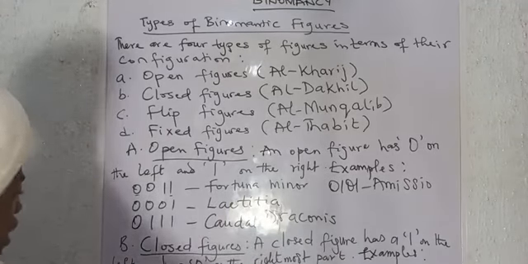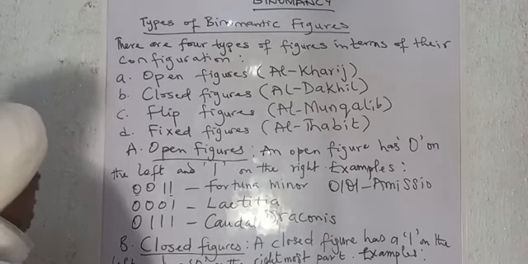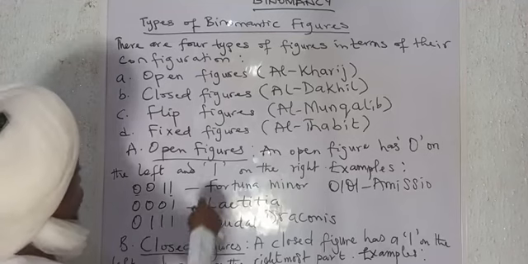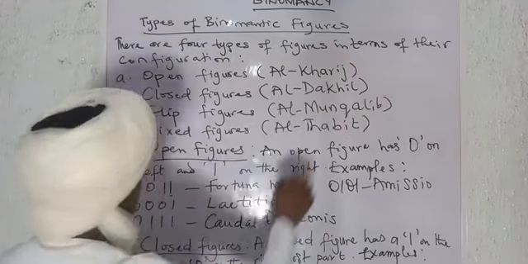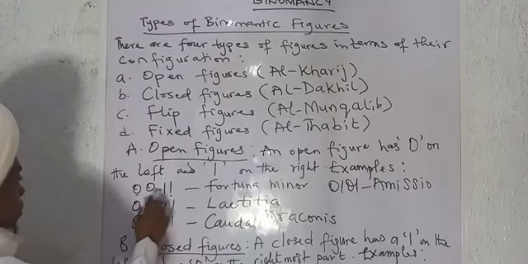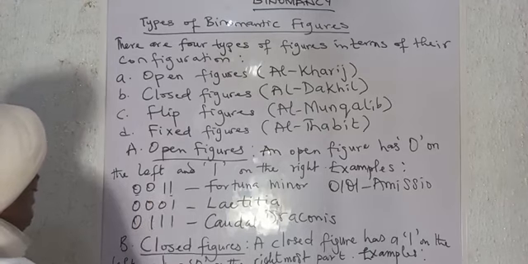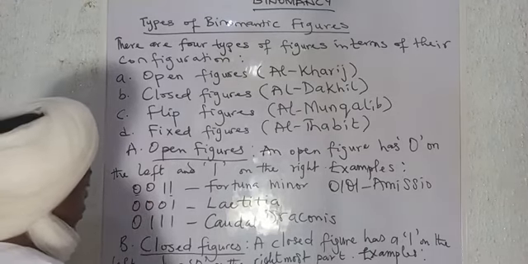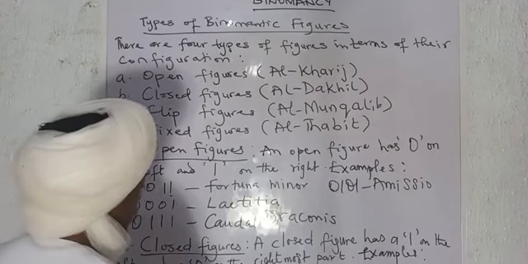So this is an example of a closed figure. That's why in Arabic it is called ad-dakhil. Any closed figure is a dakhil. So another example is the inverse of this, 1100. This is Fortuna Major.